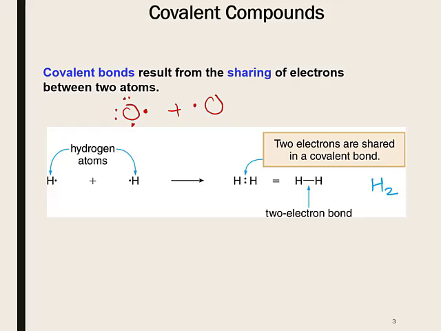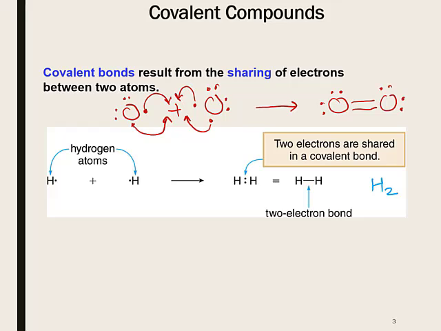And so a neighboring oxygen will also have 6 valence electrons. This electron will pair with this one to form a covalent bond. This electron will also pair with this one to form a covalent bond. So our oxygens will look something like this. Now this is an example of double bond formation.